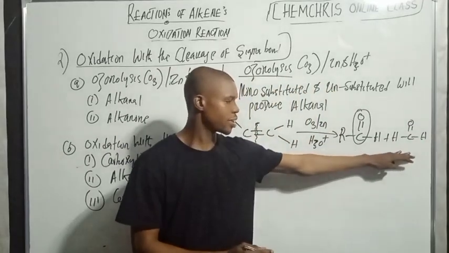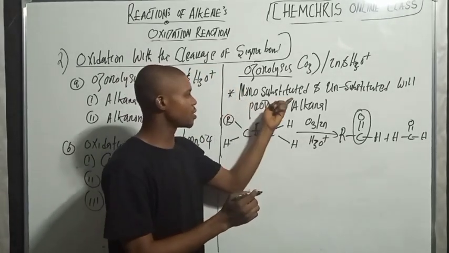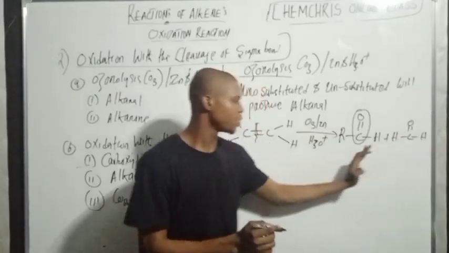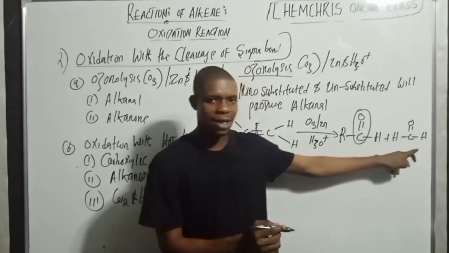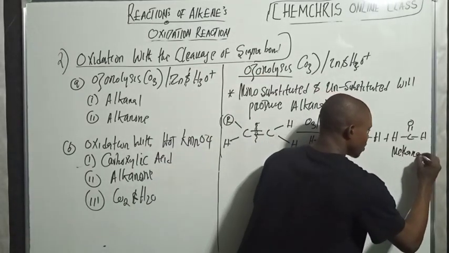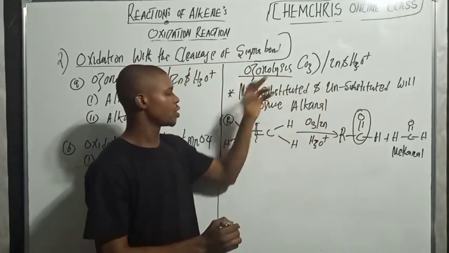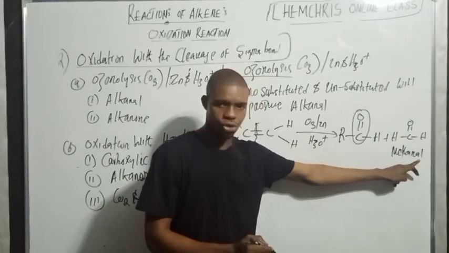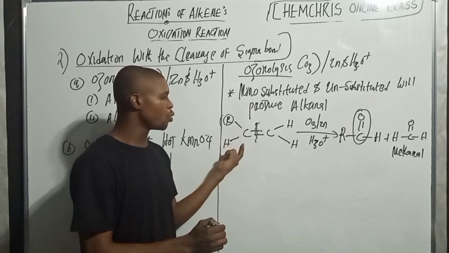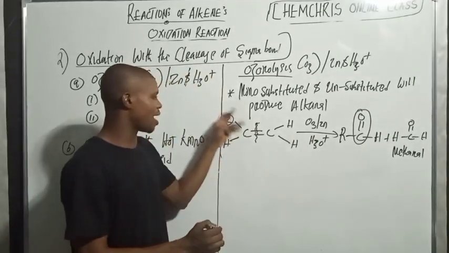Do you understand? So monosubstituted and unsubstituted, we always produce an alkanal as a product. Two of them are called alkanals. Now this one is the simplest alkanal, which is called methanal. Methanal is okay. So that is unsubstituted when oxidized with ozone. Now you're going to produce methanal. Do you understand? Now monosubstituted will produce an alkanal depending on the alkyl.